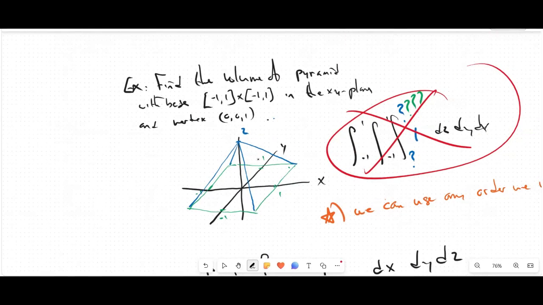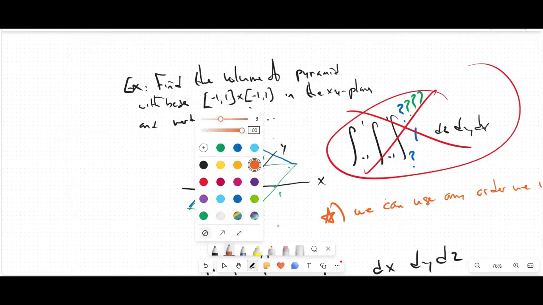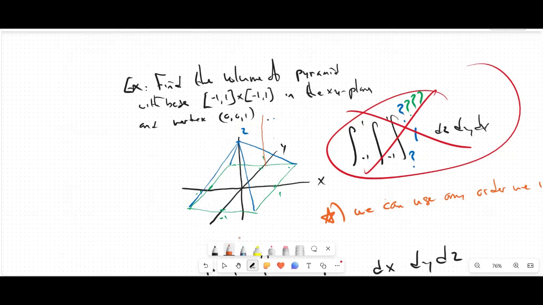I'm going to try to give you a hint. If it's a function of y and z, then the domain is the y and z plane. This whole plane, y and z.